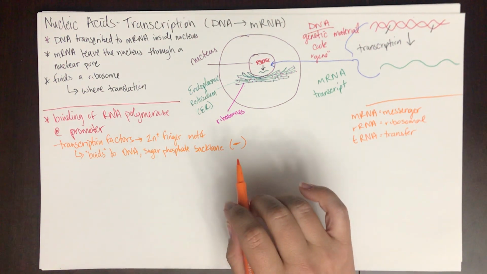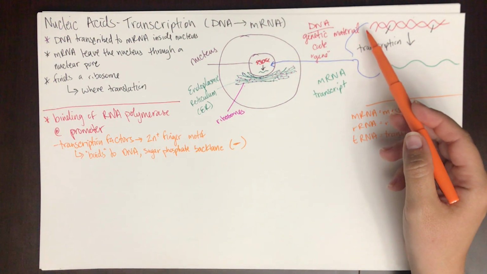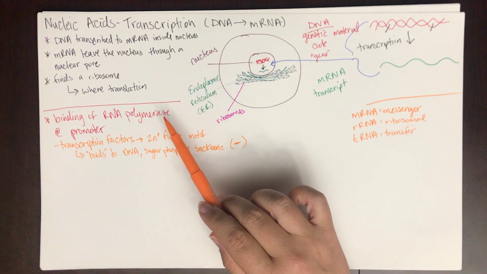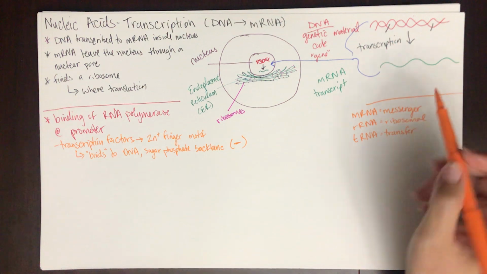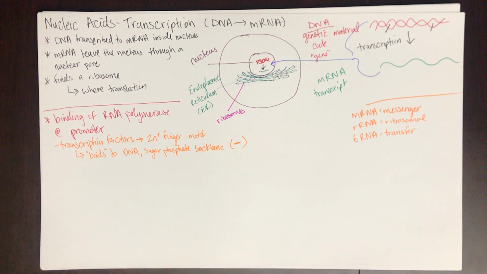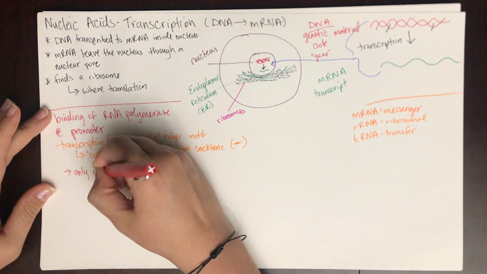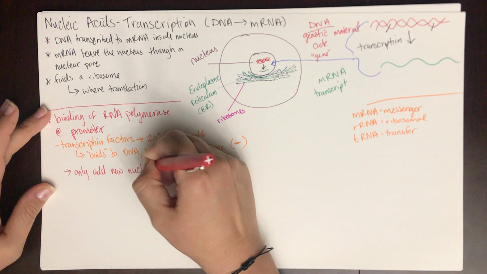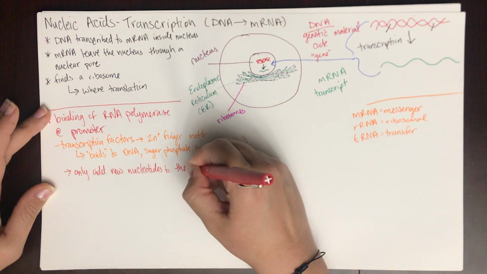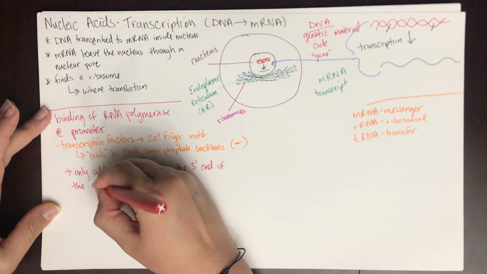So once the transcription factors are recruited to the promoter, the RNA polymerase comes to the promoter site and will start transcribing. So this is the same as DNA polymerase. RNA polymerase can only add new nucleotides to the 3' end of the growing transcript.